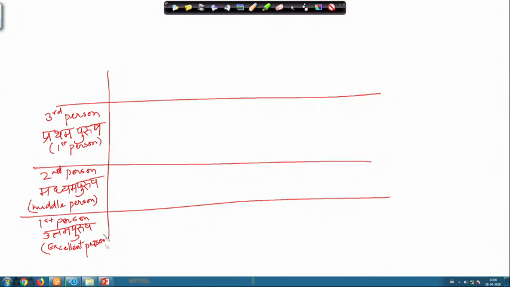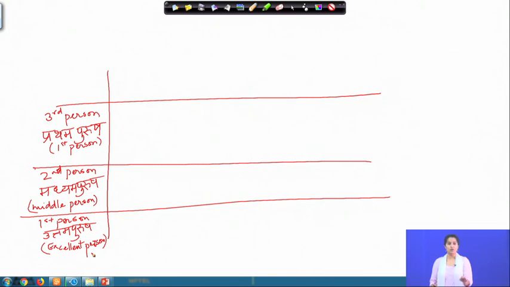So the Sanskrit people were very smart. They kept the first person last, but they made it the excellent person. I mean, just a funny thing on that. So don't be confused regarding this Prathama Purusha of Sanskrit, which corresponds to the third person of the English language.